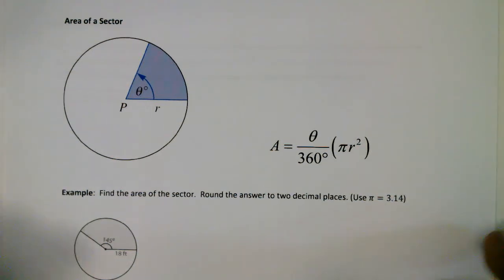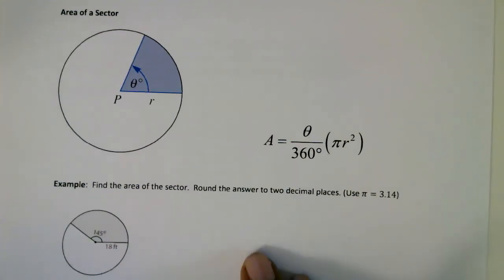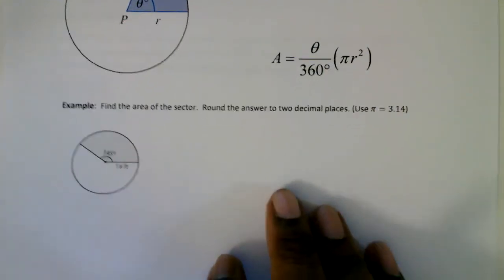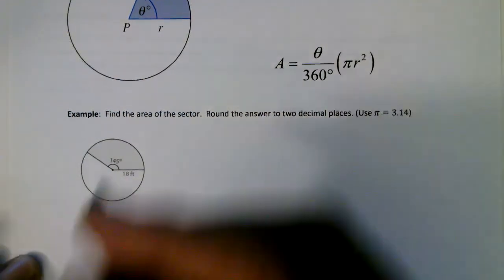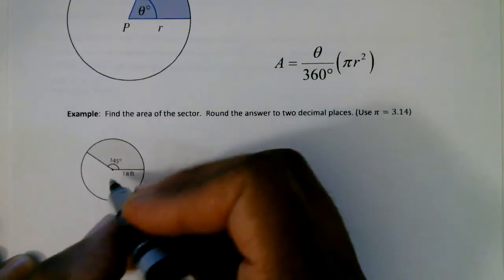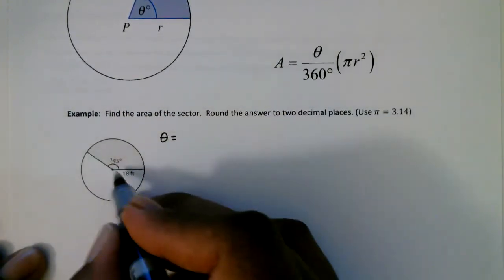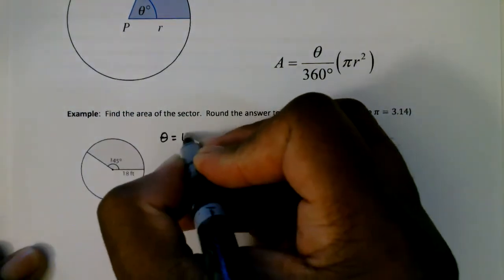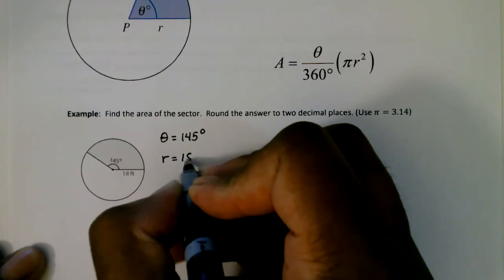So in this example that I have here, I want to find the area of the sector, and I want to round to 2 decimal places. And I'm going to use 3.14. So I'm going to use this area formula here. So in this case here, let's identify what we have. We do have an angle theta, which is right here, 145 degrees, and a radius of 18 feet.